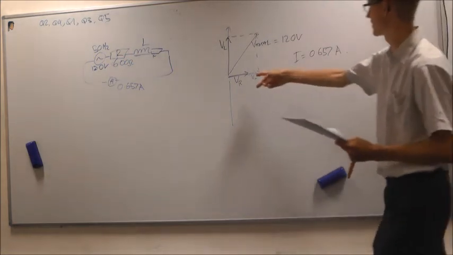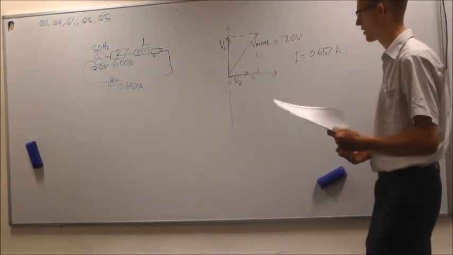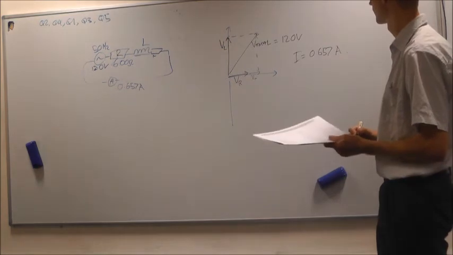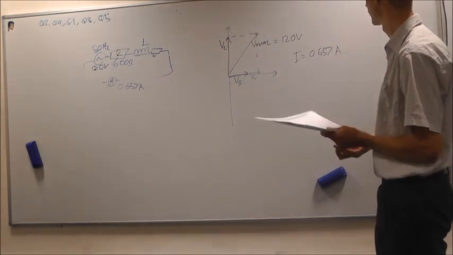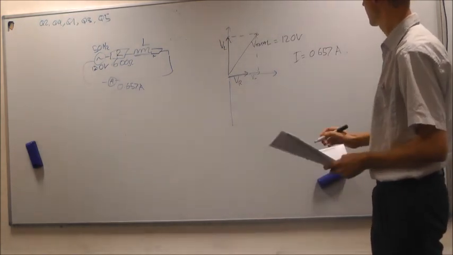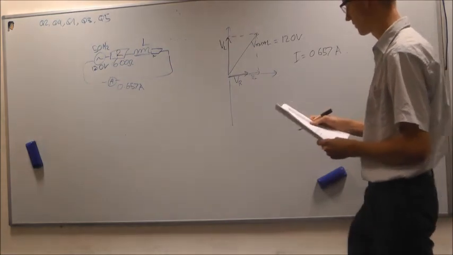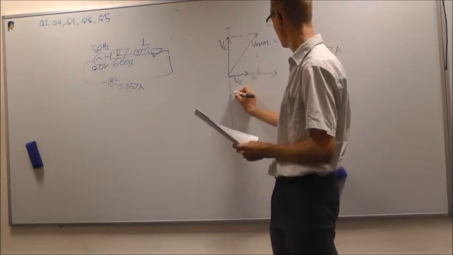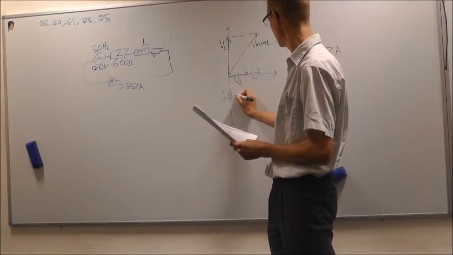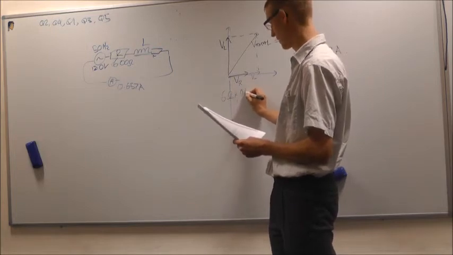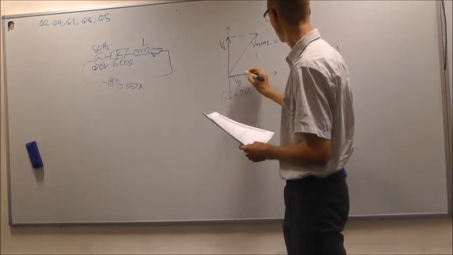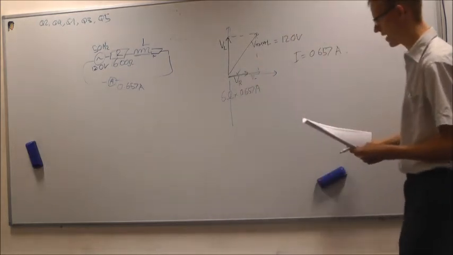Okay, well, some of these things we can work through. We know VR because we're given R, so that is 6 ohms times 0.657 amps. So we know that one.